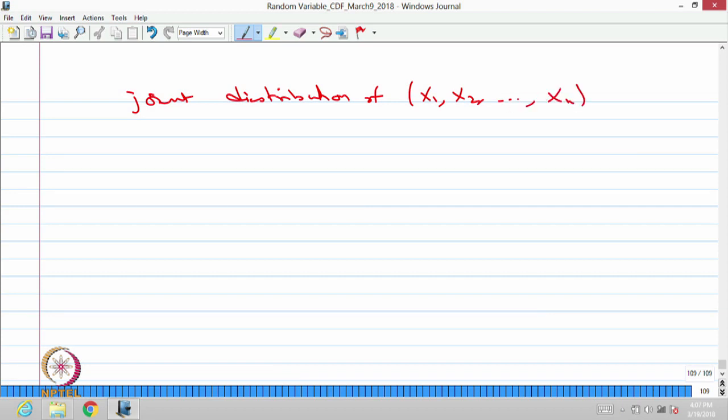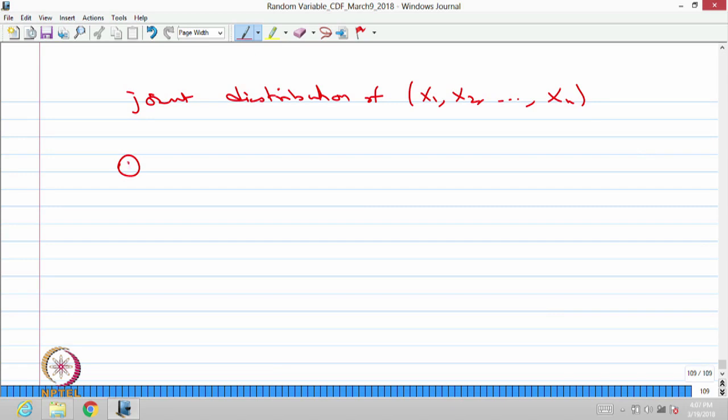Earlier we used the word distribution of x1. Now we are studying the distribution of n random variables together or jointly. Therefore it is called the joint distribution of n-dimensional random variables. So first we can discuss the CDF, the cumulative distribution function.